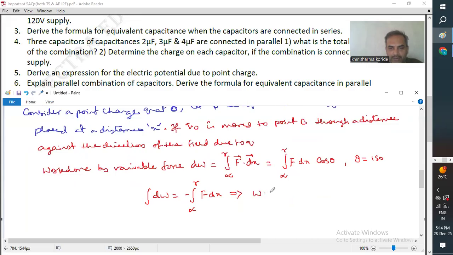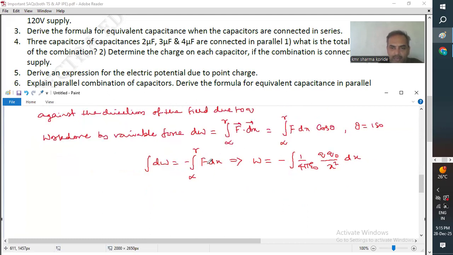Keeping that in mind, W equals minus, apply Coulomb's law here. The force expression is 1 by 4 pi epsilon naught q q naught by x square, where x is the initial distance, into dx, with limits infinity to r.